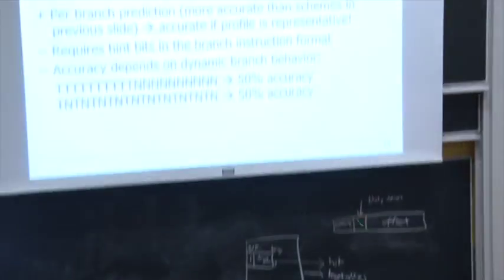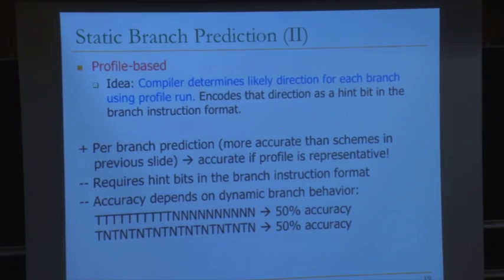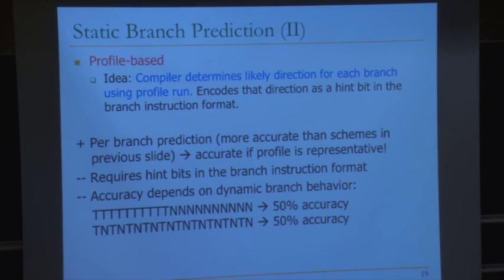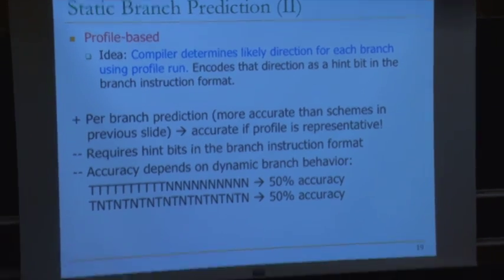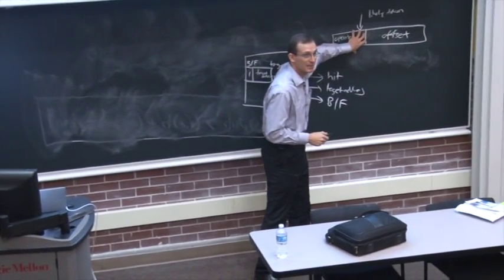So if you have a single hint bit, now you cannot adapt. So what's the problem here? The problem is you're making a single prediction for every instance of the branch. Right? You're not distinguishing between dynamic instances of the branch, which means that you're not adapting to the behavior of a branch itself. Now we're adapting to the behavior across branches because different branches have different hint bits.